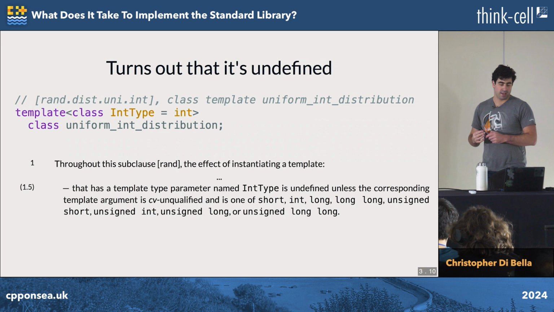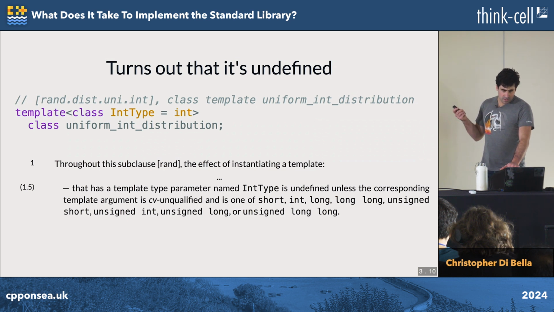So that means that if you have a 1-byte integer, or you have a 128-bit integer that is offered as an extension, as Clang and GCC both offer, then those are undefined. It also means that C's bitint, which Clang supports in C++, is also undefined.